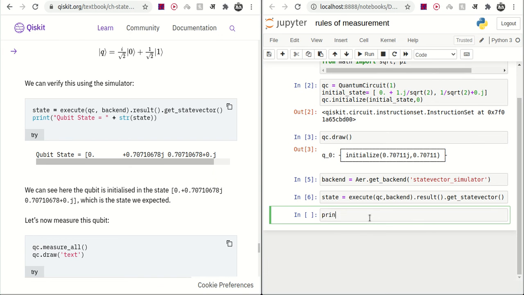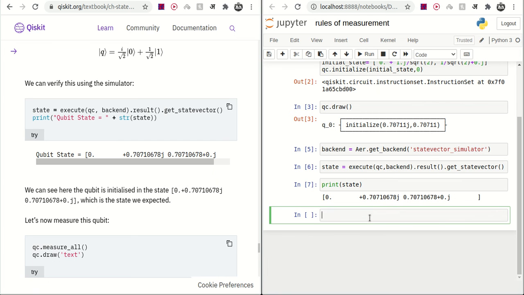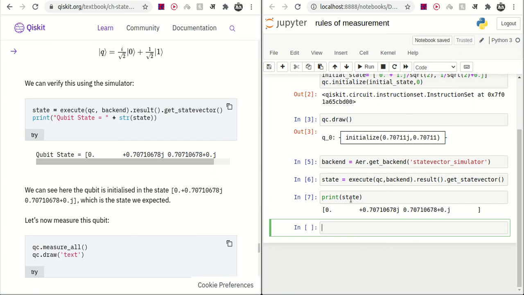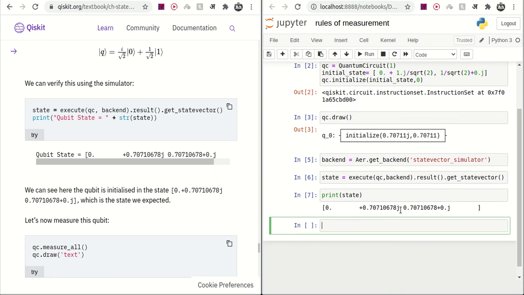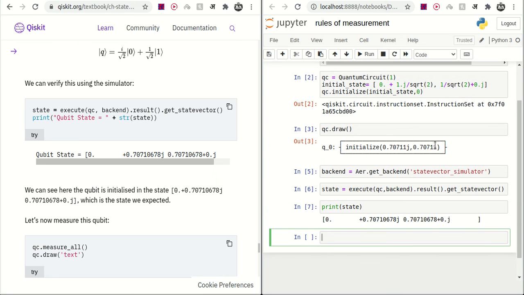Now print state. This will be our post measurement state. What does this show? 0 plus 1 by root 2 j. So it is the same as we already had.